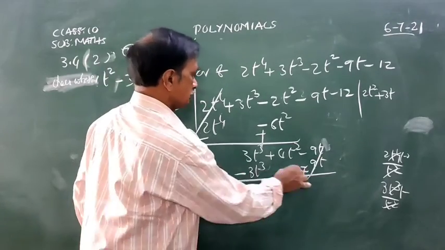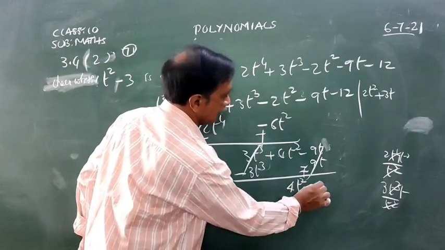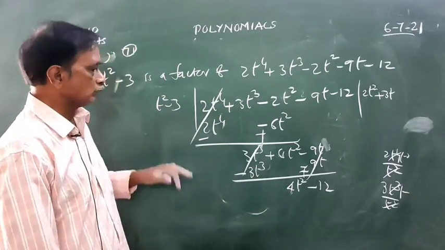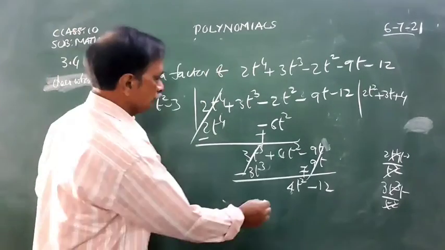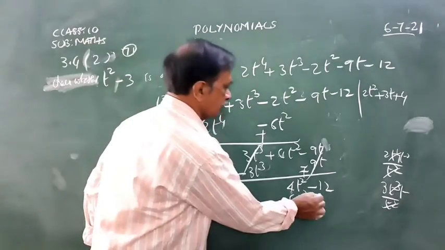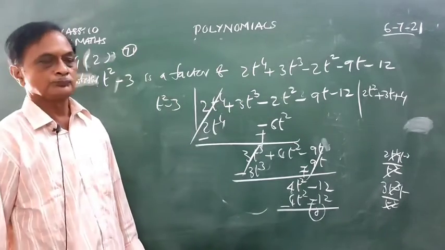Subtract. Cancel this. So 4t square minus 12. Again divide first term by first term. 4t square by t square equal to what? 4. 4 into t square, 4t square. 4 into minus 3, minus 12. What is the remainder? 0.